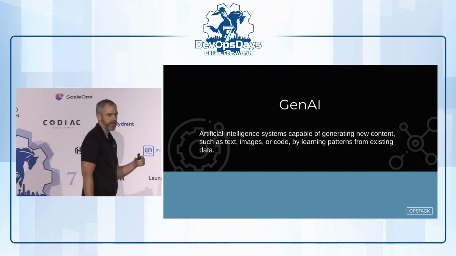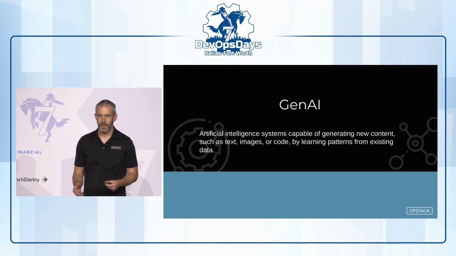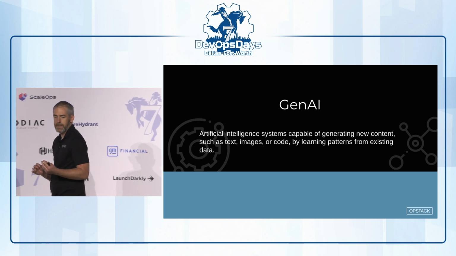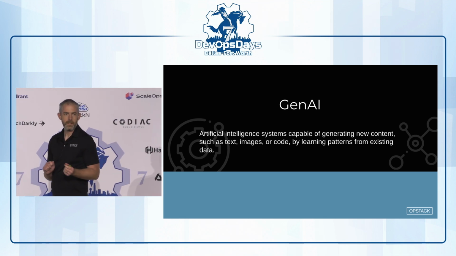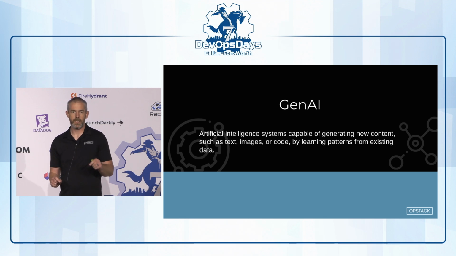So to start with, I'm going to define a few terms. The first term I want to talk about is what generative AI is. Generative AI is an artificial intelligence system capable of generating new content, such as text, images, or code, by learning patterns from existing data.